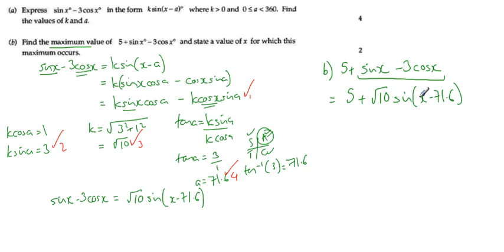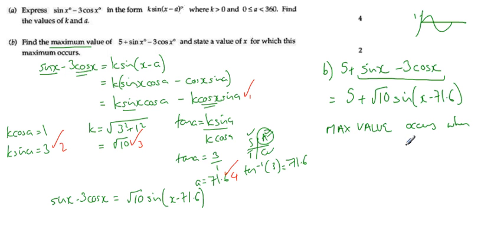The one thing you can control is x, which is part of a sine function here. The maximum value of a sine function is 1. We know from all our sine graphs, the maximum value of just a sine graph there is 1. So the maximum value happens when sin(x minus 71.6) is equal to 1.